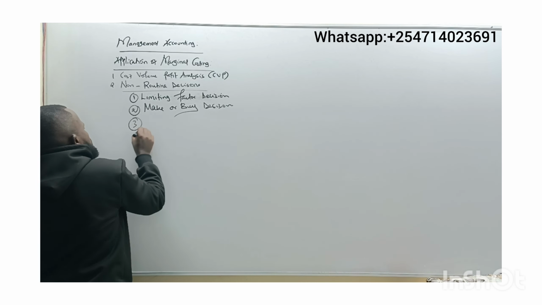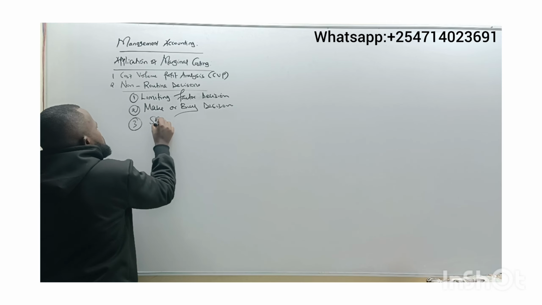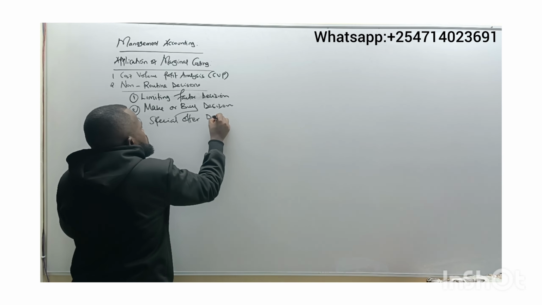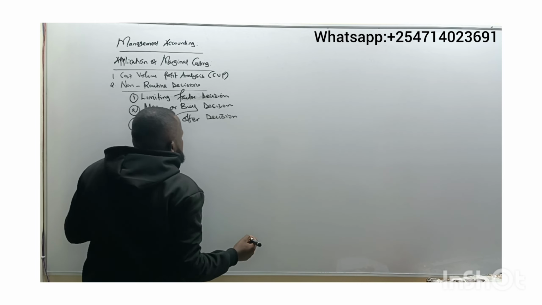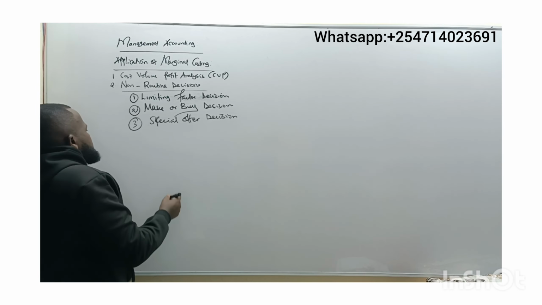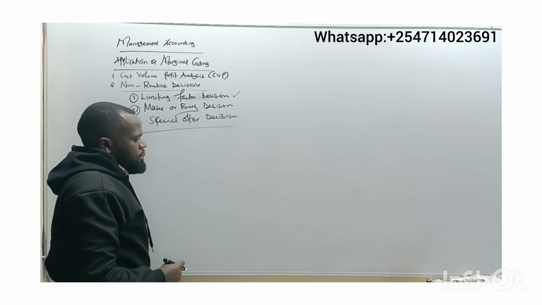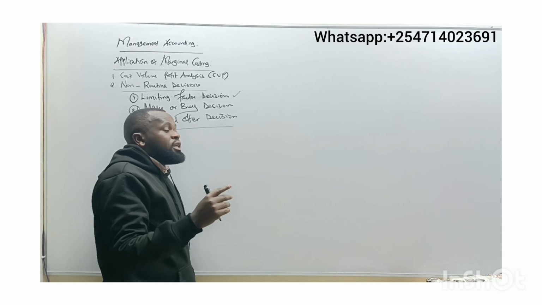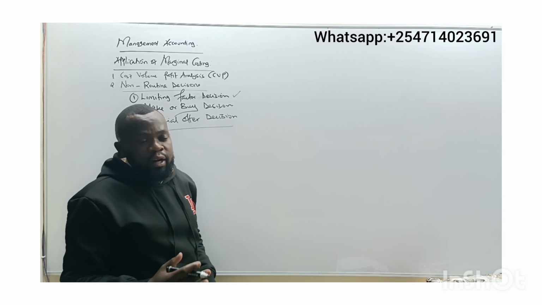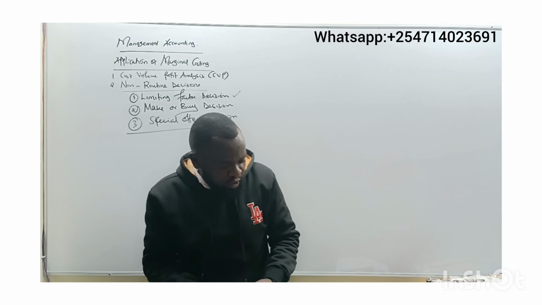There is also where you have special offer decisions. So I want to start with this limiting factor. And I may not be able to do the three in one class or one video. So let me do a limiting factor question.